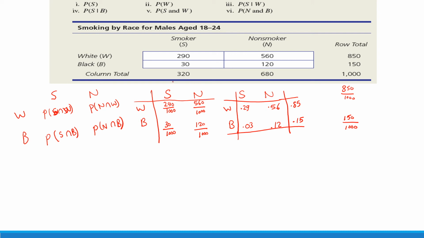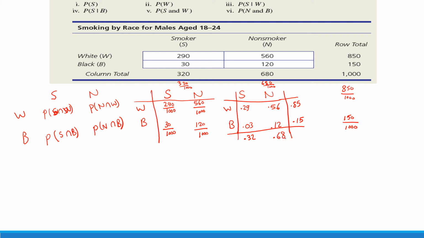To calculate the marginal probability for the column totals, we also divide by the grand total. So we find the marginal probability for the smokers is 0.32, and here it's 0.68.